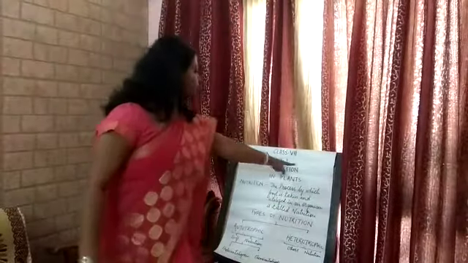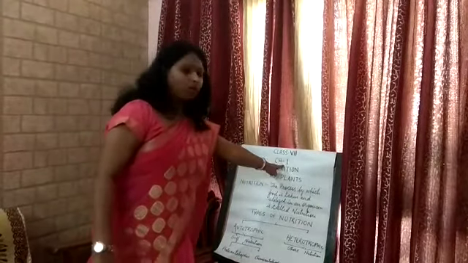So right now we know that plants belong to the group of living organisms and will show all the characteristics of living organisms. The first and a very important characteristic is nutrition. That is what our chapter is, nutrition in plants, Chapter 1.